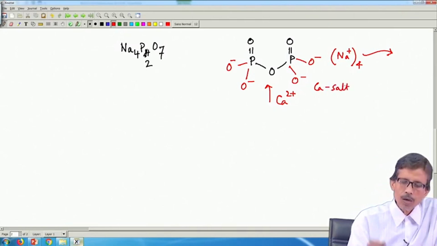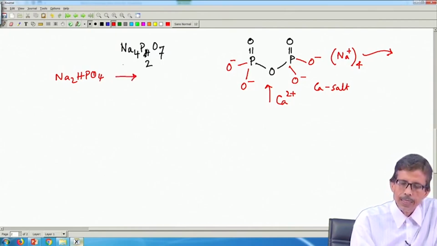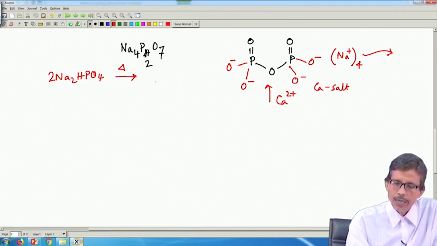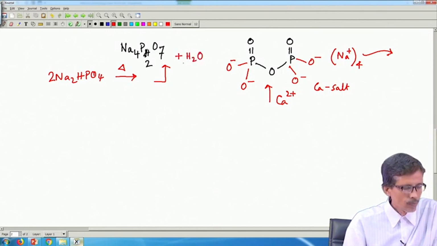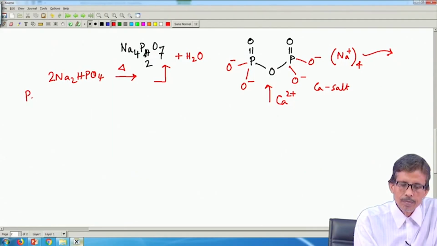So, this one, in a similar fashion like the disodium hydrogen phosphate we take, again simple heating will give you, 2 molecules of this will give you this plus water. So, heating of this particular one will give you this particular species. Similarly, we can also have the large scale production.